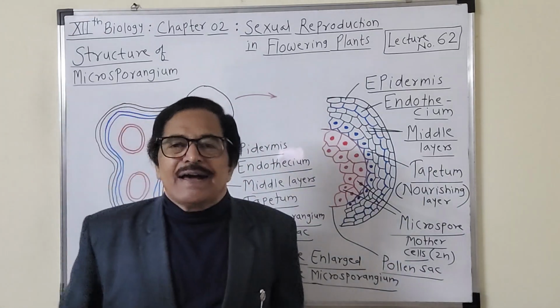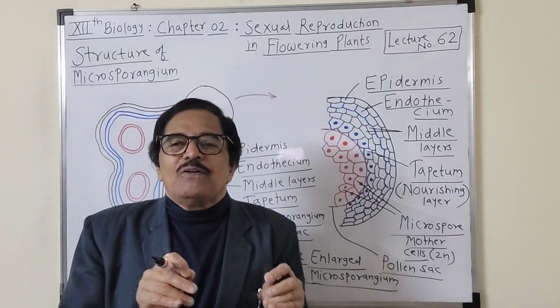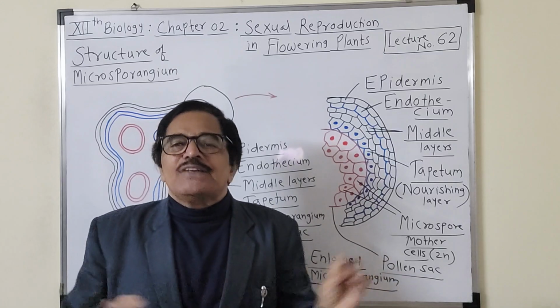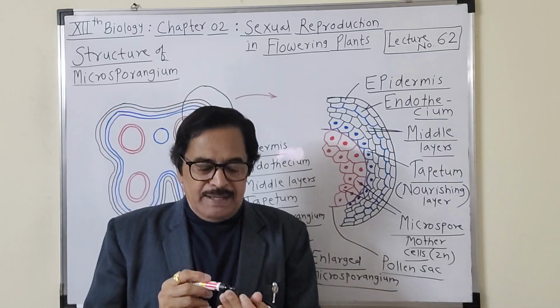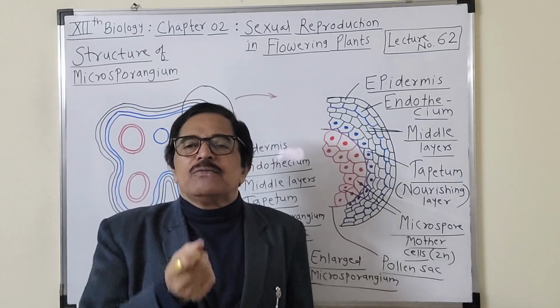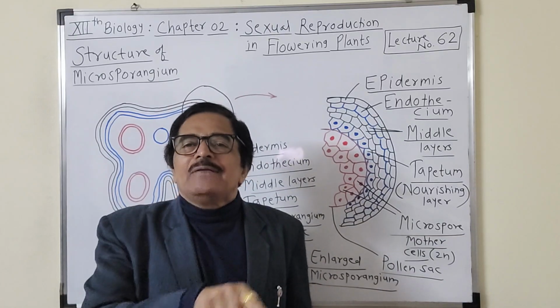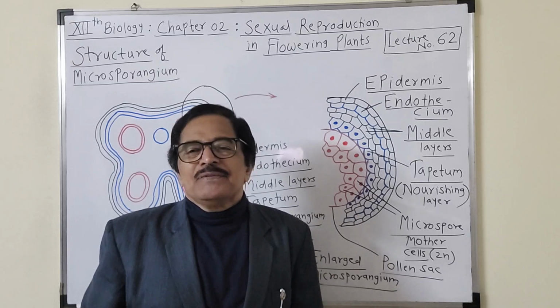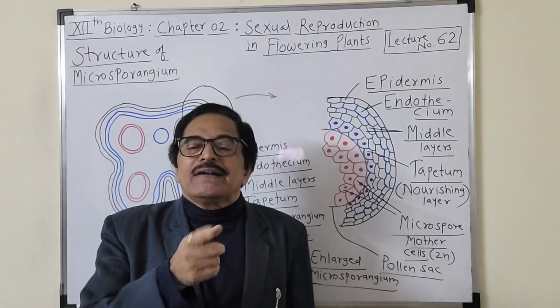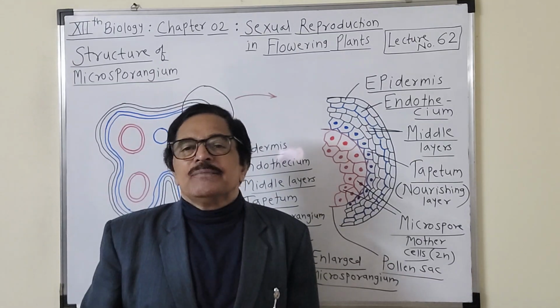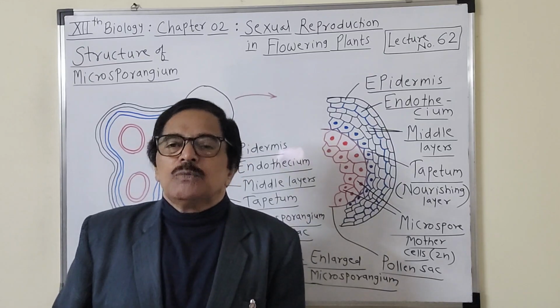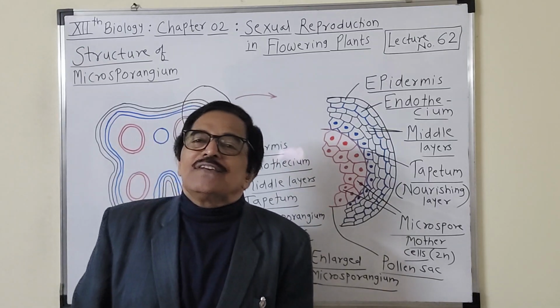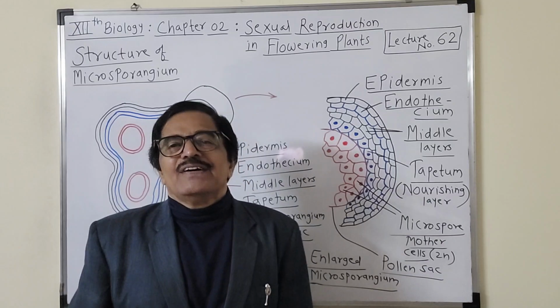What is the tapetum? A nourishing layer of the pollen sac. Very simple. What does nourishing layer mean? It provides nourishment, food, to that part of the developing pollen grains, the developing structure there. We saw in the TS of testes, passing through the seminiferous tubule in human reproduction, there are cells called Sertoli cells, nurse cells.